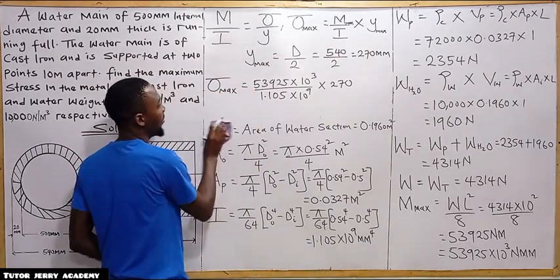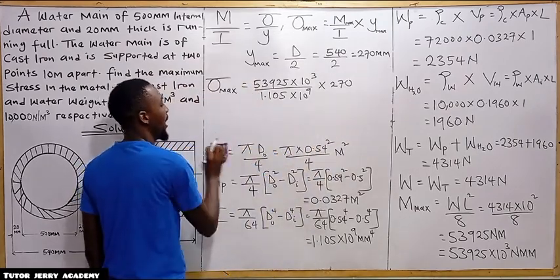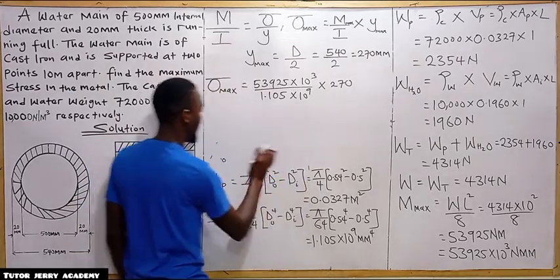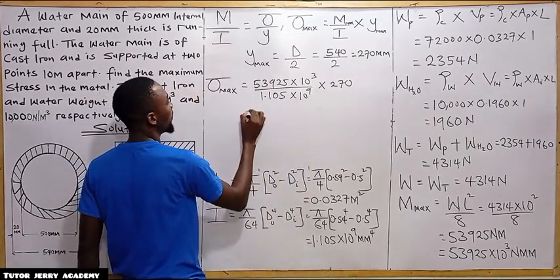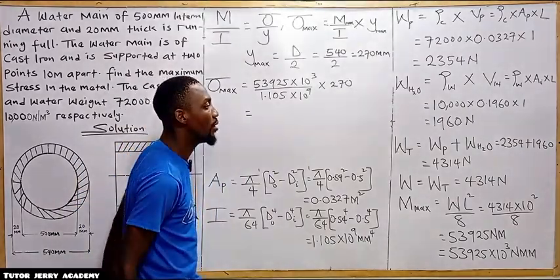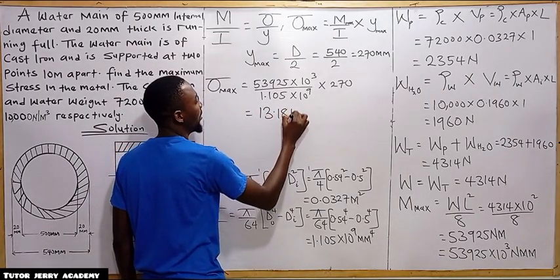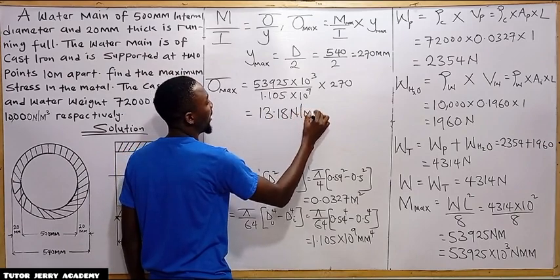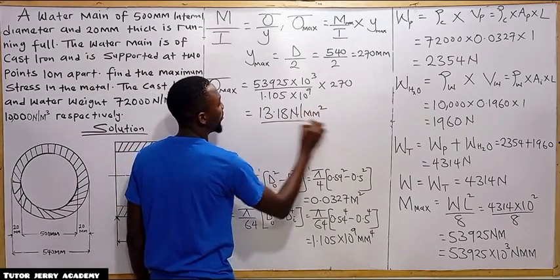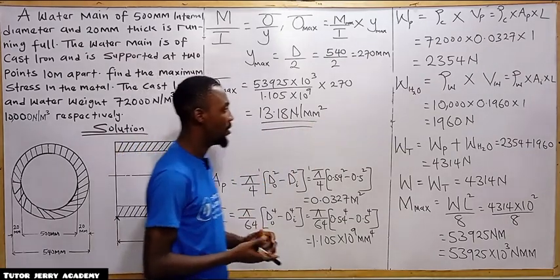If you press this correctly, you are going to have your answer to be 13.18 Newton per mm squared. So this will be the answer for the maximum stress.